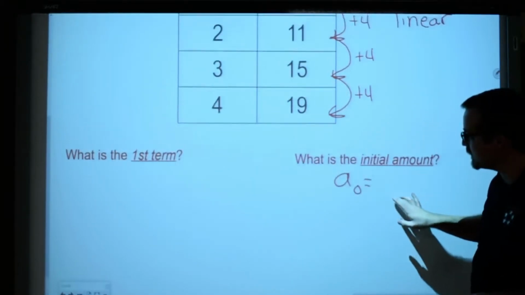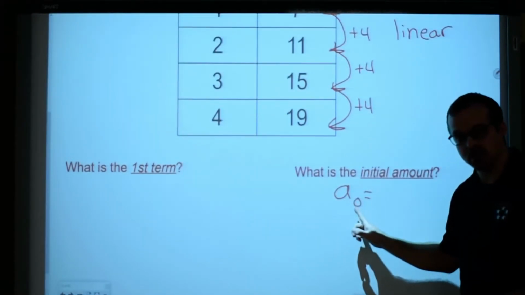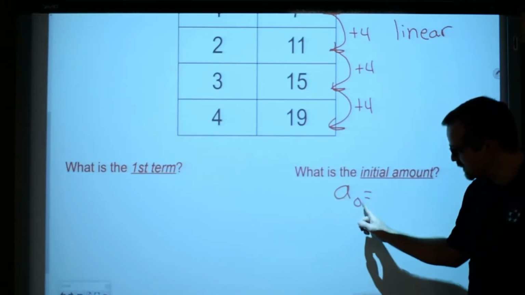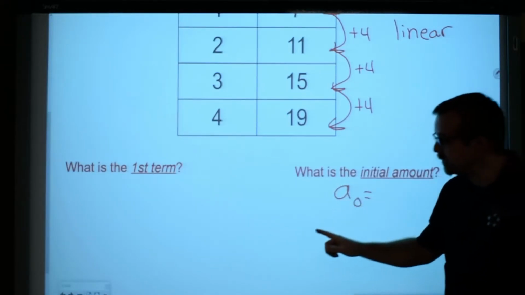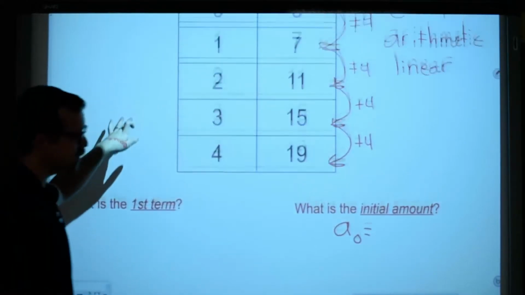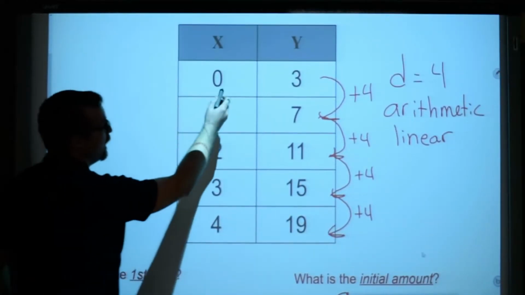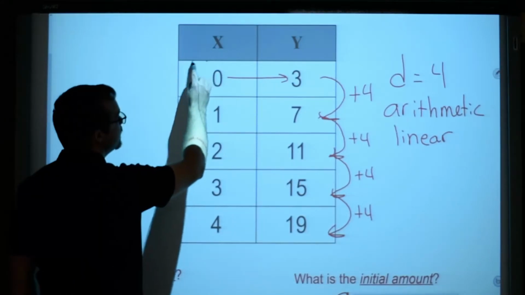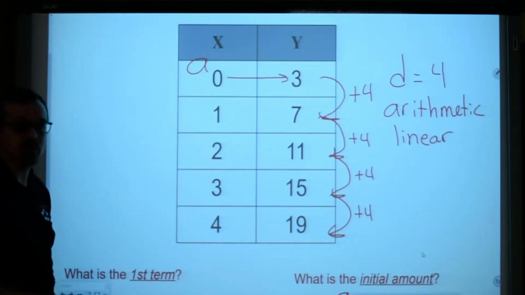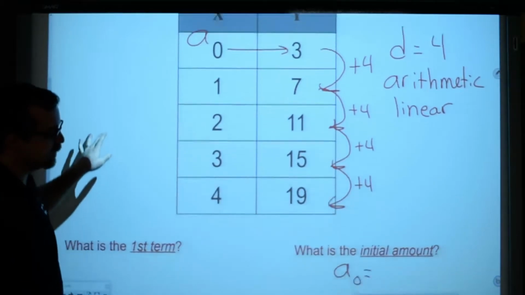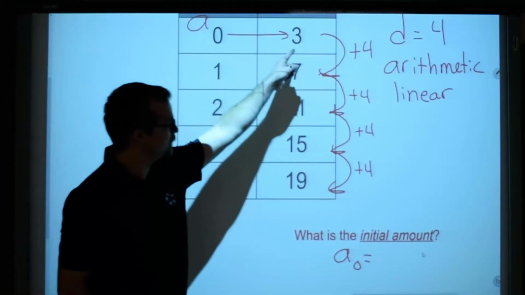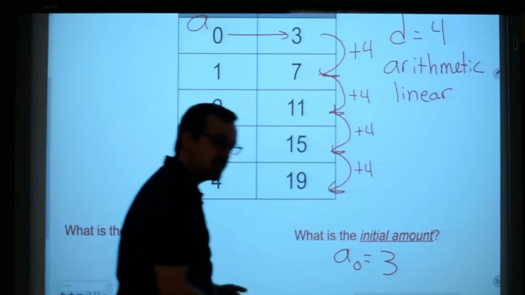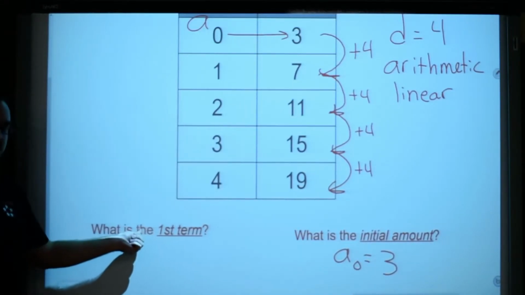And basically what that means is, hey, we want to look at where our starting point is, and that's what 0 represents. And on a table, that's just where our x is 0. So where x is 0 is going to be our initial amount. You can think about it this way. This is going to be A sub 0, so our initial amount. So our initial amount in this case is 3.